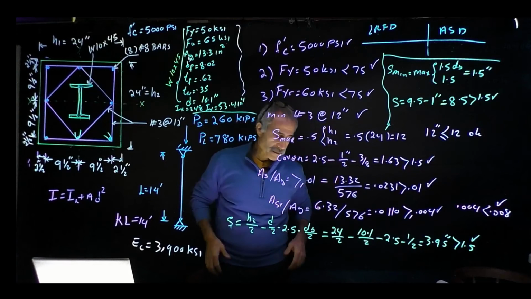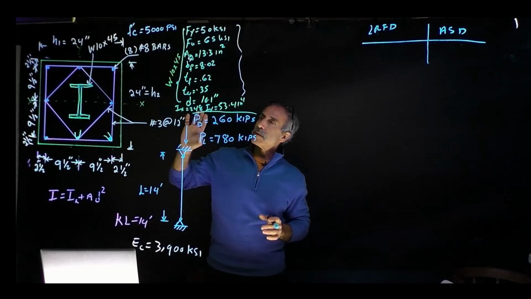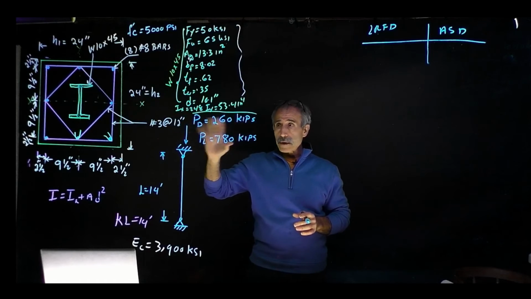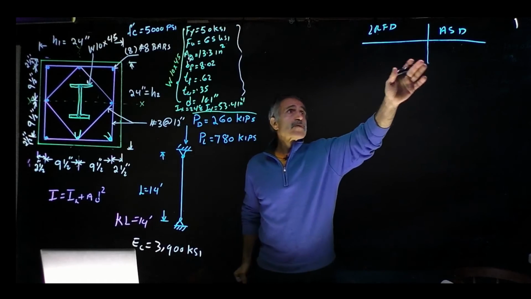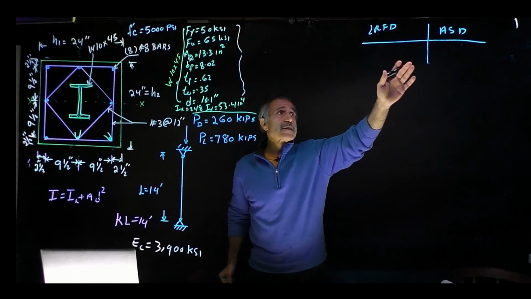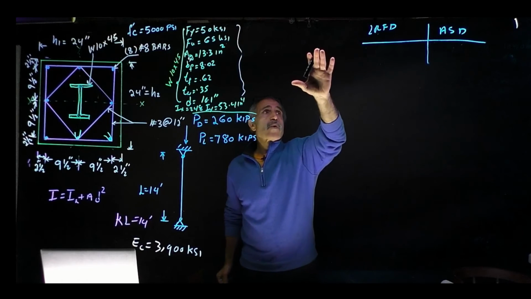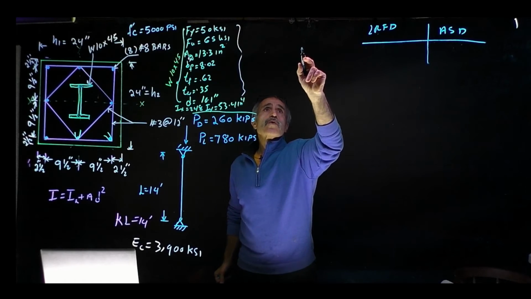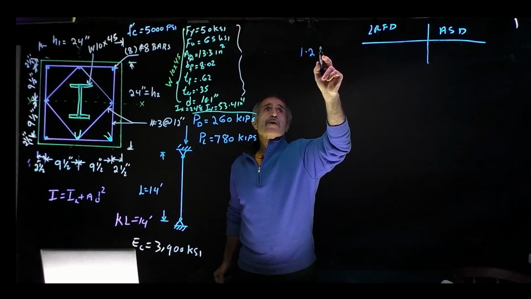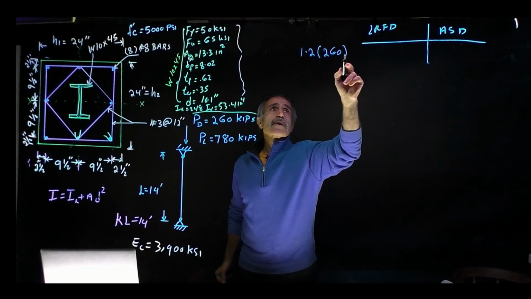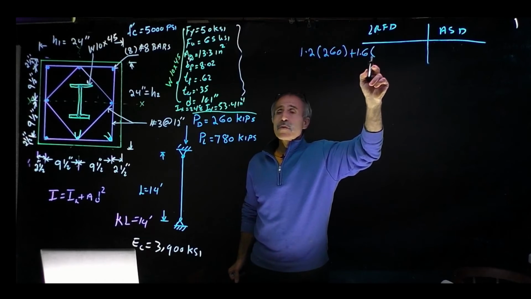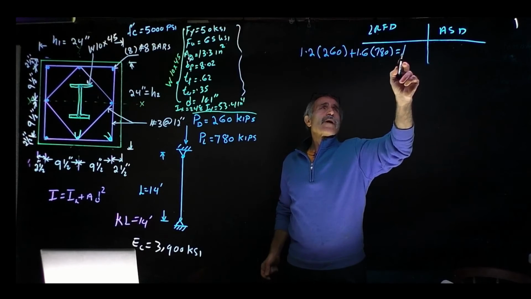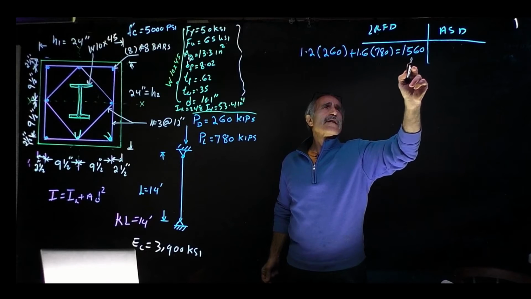Let me erase this. So now we're going to go ahead and calculate the capacity of this column, which so far meets the specification. We're going to use both systems here, load resistance factor design and allowable stress design. In load resistance factor design, the load combination comes out to 1.2 times dead load, which is 260, plus 1.6 times live load, which is 780, and that comes out to 1,560 kip.